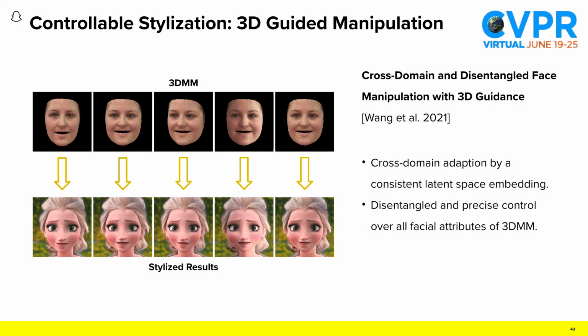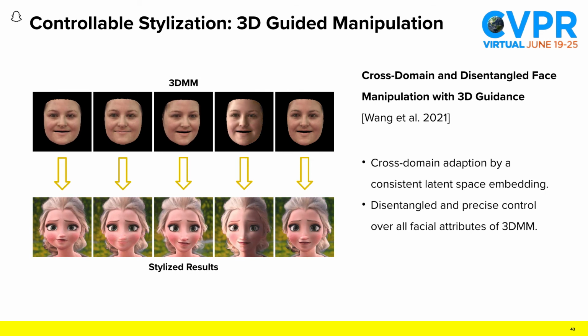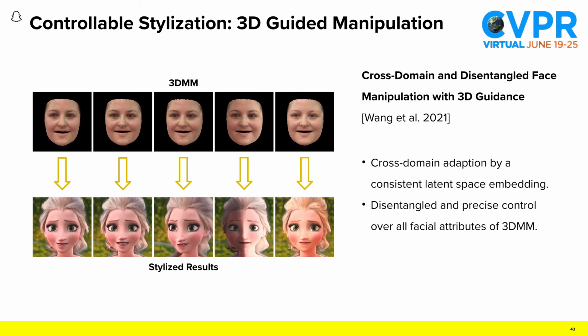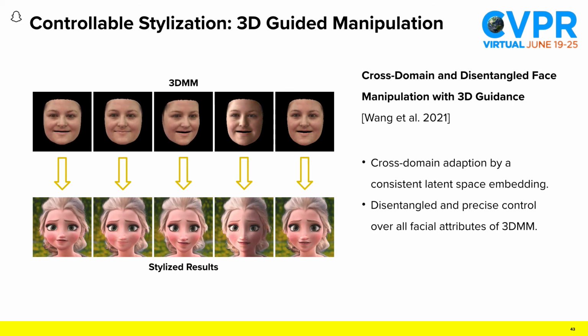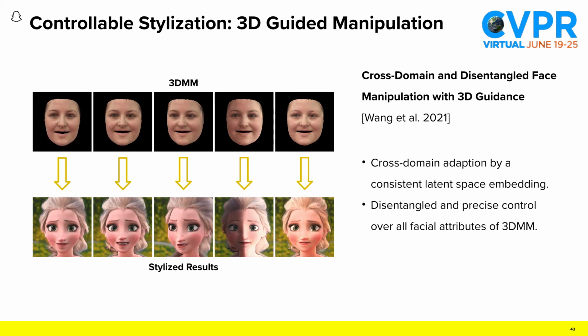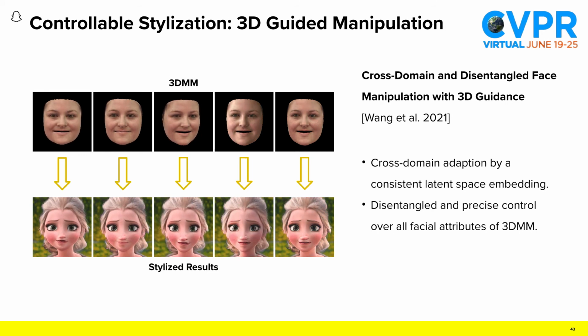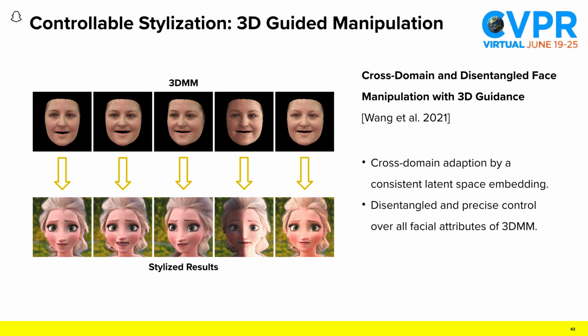To add another level of controllability, we explore style manipulation with parametric 3D guidance. In this work, we propose a latent manipulation method that allows stylized face image manipulation with 3DMM attributes.